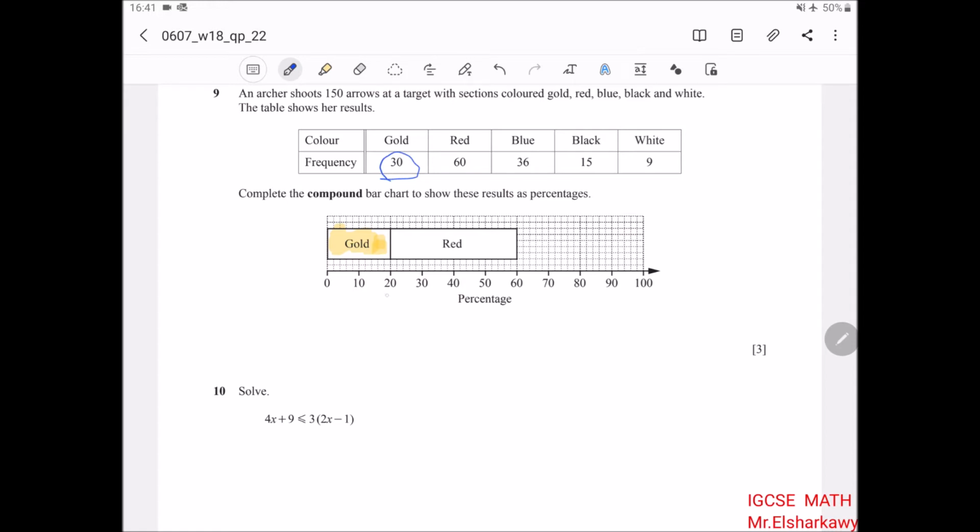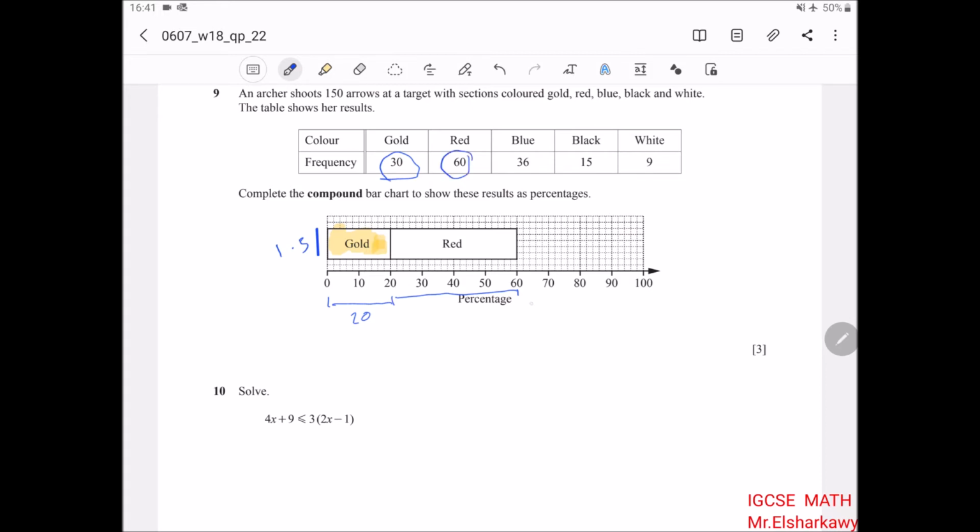The width is from 0 to 20, multiplied by its length, 1.5, gives us the frequency, 30. The same for the red, from 20 to 60, so it's 40 times 1.5, which gives us 60.